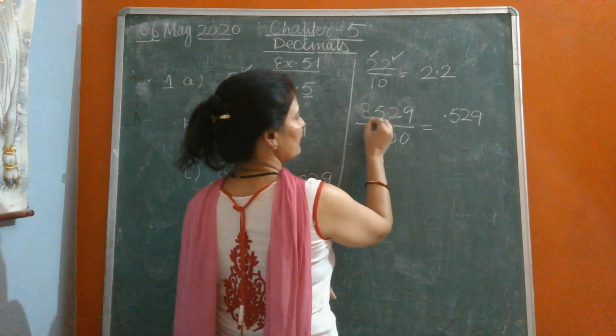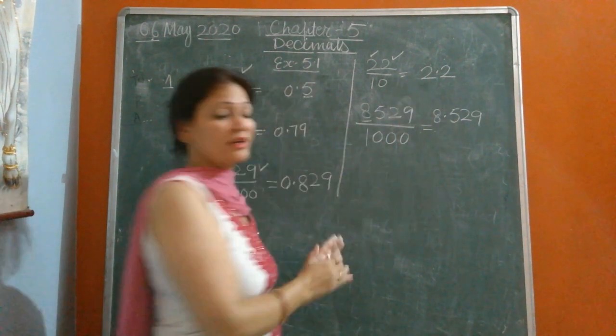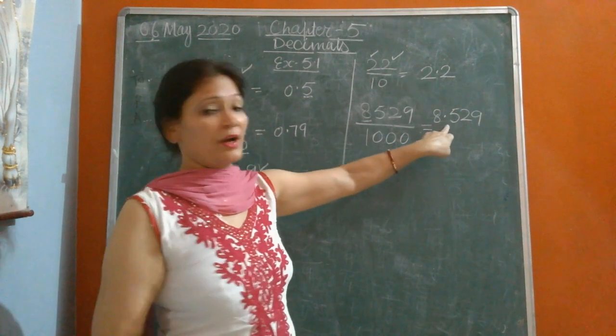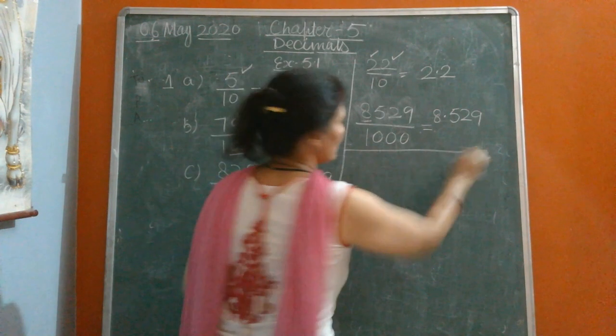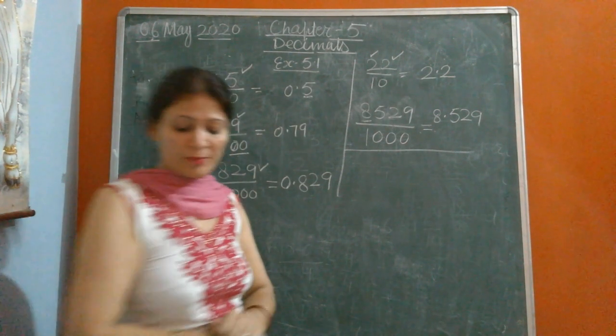Now how many are left? 8. So we will write 8 on the left hand side. We will read it 8.529.